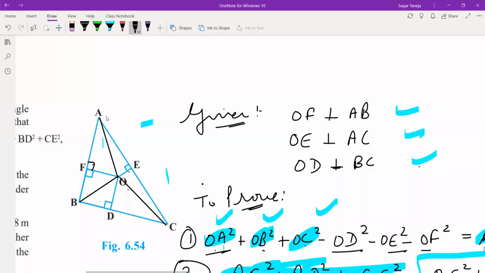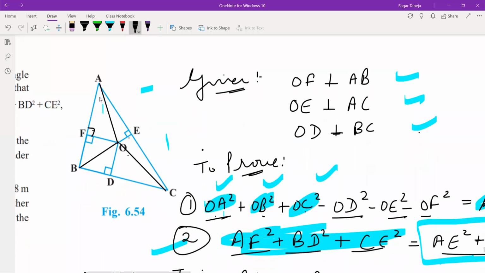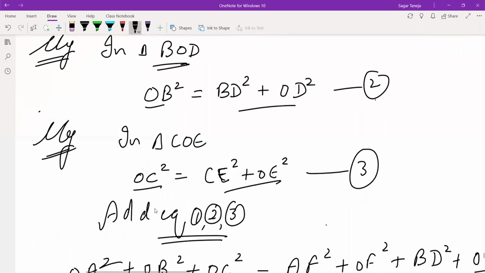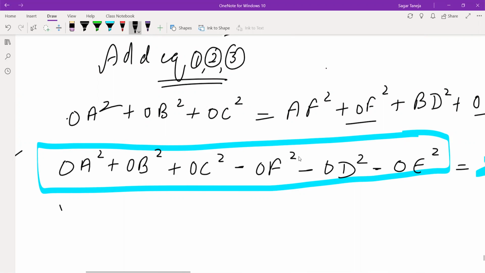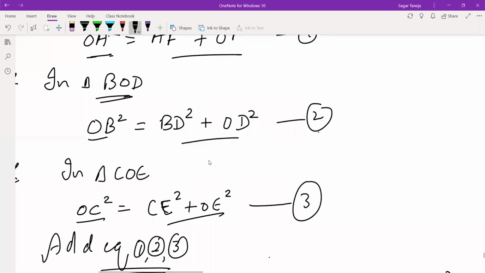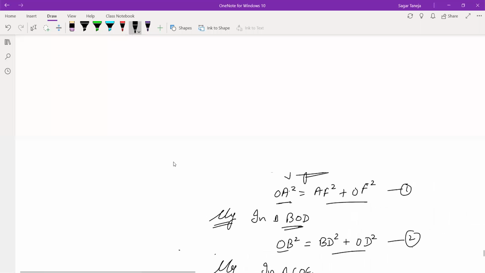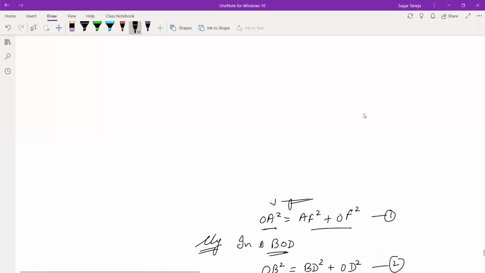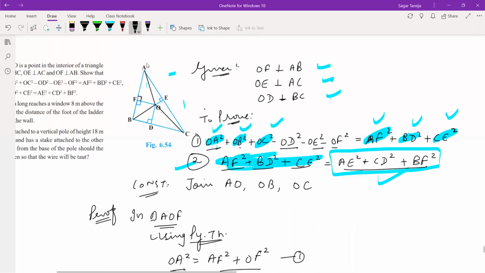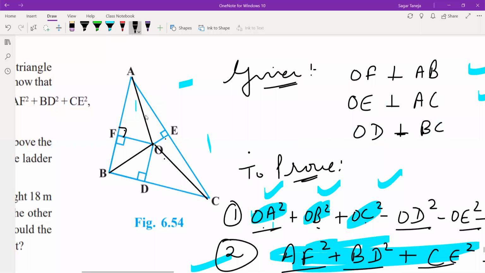See this now. It is written AO, and I am taking from this side OF, OD and OE. See, OA is making a pair with OE.